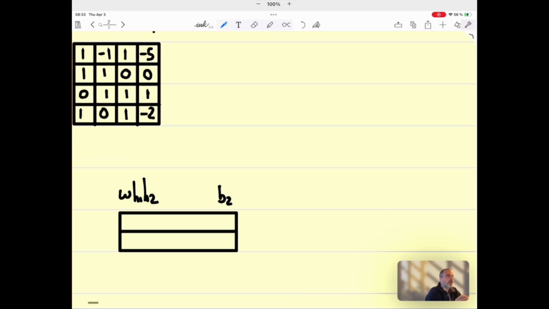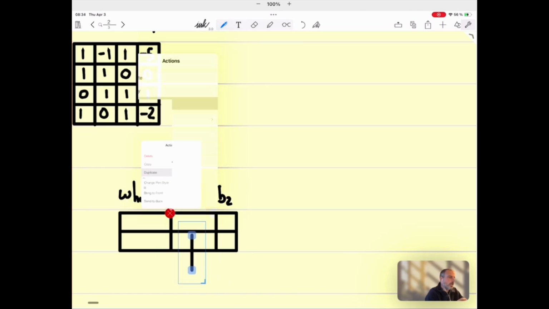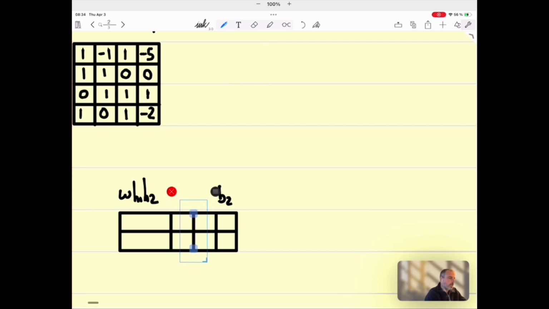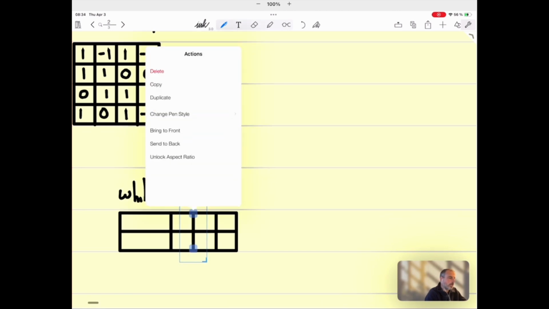We will put some lines in there as well to make it neat. We can duplicate the line, and yeah, again, it takes some time, but it's prettier.